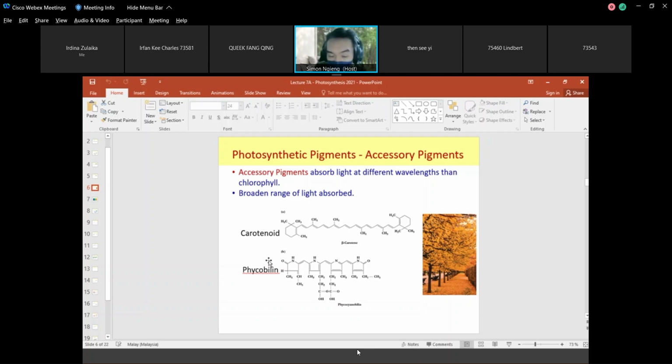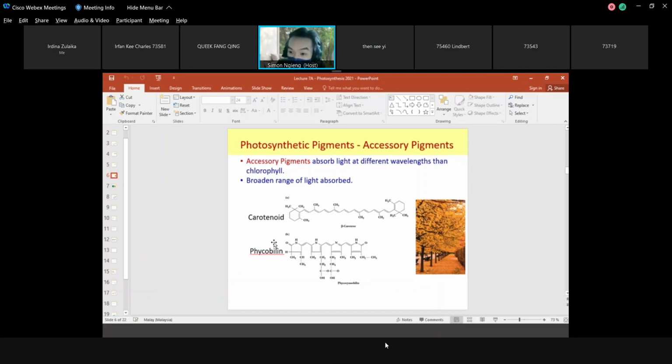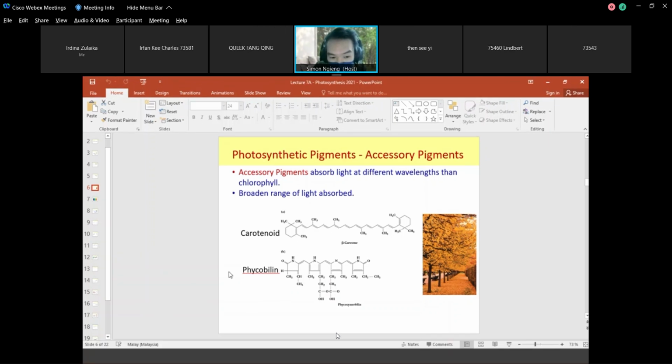So algae can also use sunlight, but not with the help of chlorophyll. They require the help of phycobilin as the photosynthetic pigment that helps them in the photosynthesis process. You can normally find this in red algae and also cyanobacteria, which can also perform photosynthesis.